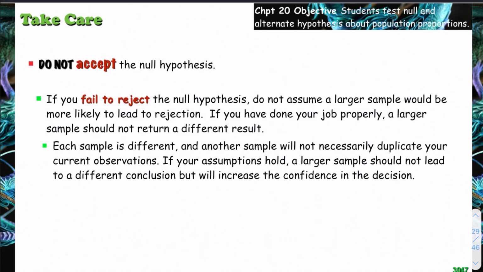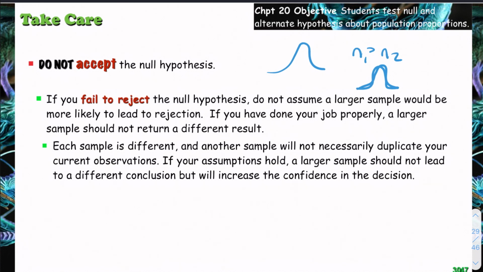If you fail to reject the null, do not assume a larger sample would be more likely to lead to rejection. If you've done your job properly, a larger sample size should not return a different result. Remember, if we're using a normal model, a larger n, let's say n1 is bigger than n2, is just going to make it more narrow.